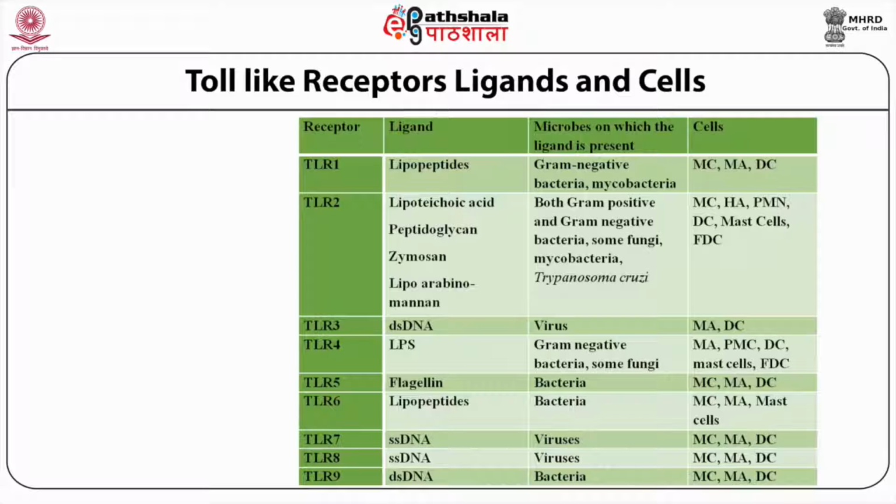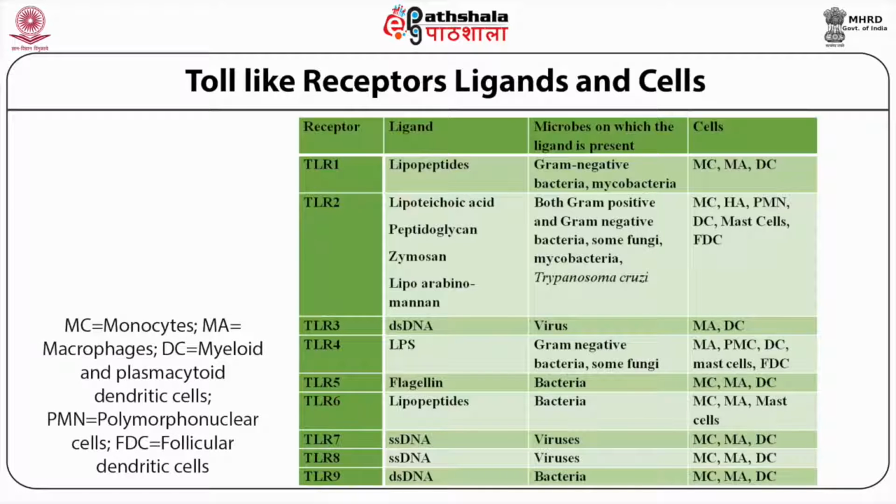And the fourth one, of course, is talking about the cells, which are written in abbreviated forms, as these abbreviations are defined at the bottom of the table. MC stands for monocytes, MA stands for macrophages, DC stands for myeloid and plasmacytoid dendritic cells, PMN are polymorphonuclear cells, FDC are follicular dendritic cells.